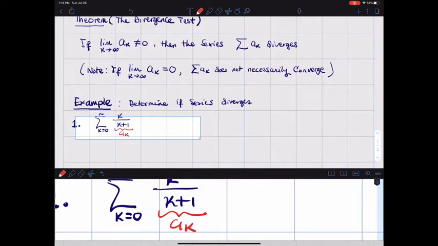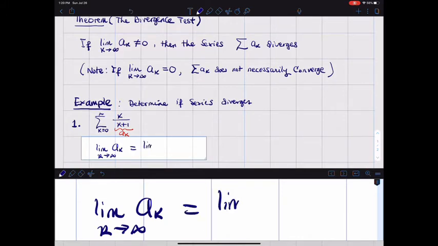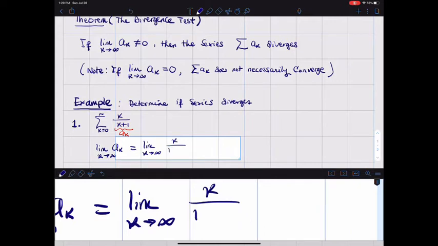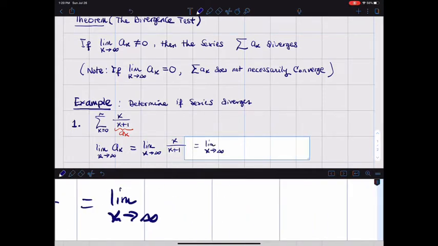This is our a_k, by the way. All right, so let's look at the limit of a_k as k goes to infinity. This is the limit as k goes to infinity of k over k plus 1. Well, it's quite easy to see that the limit goes to 1, but let's look at it from another perspective. If we divide both the top and the bottom by k, we end up with 1 over 1 plus 1 over k.